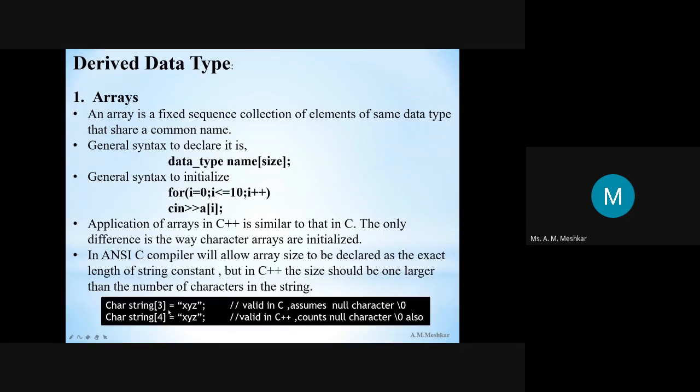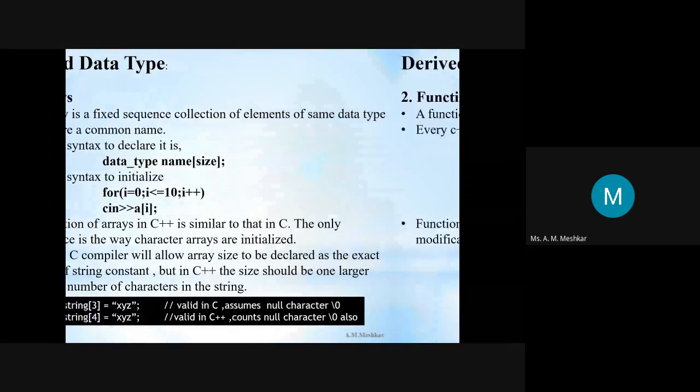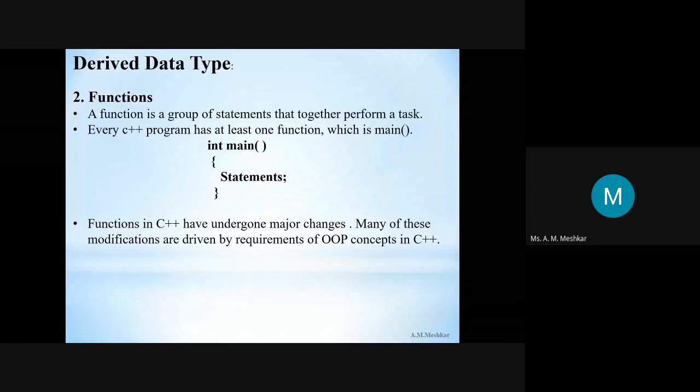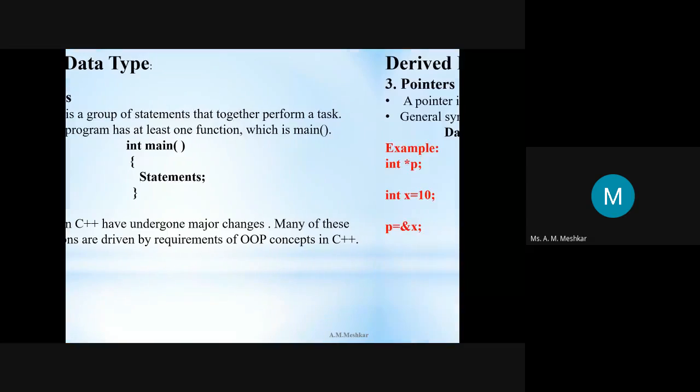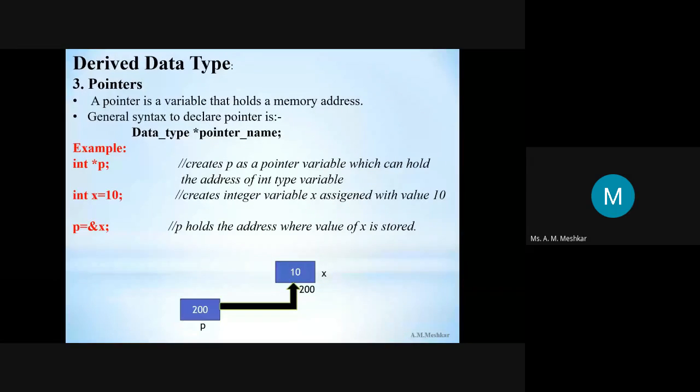But in C, you just have to give the exact length of the string constant. We learned the second derived data type, functions, which has undergone many changes, and that you will learn when you actually implement those in programs. So for now, just remember that functions is the second derived data type.